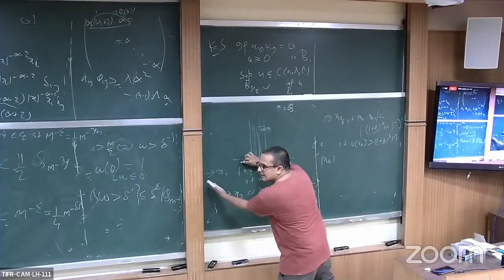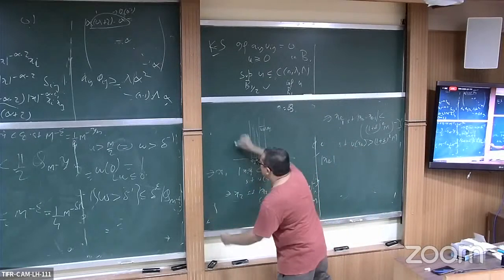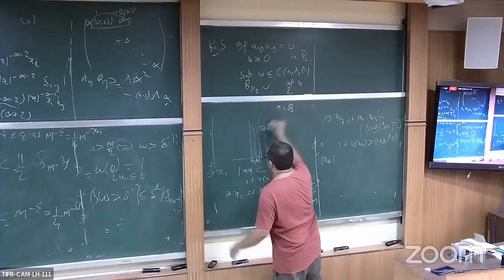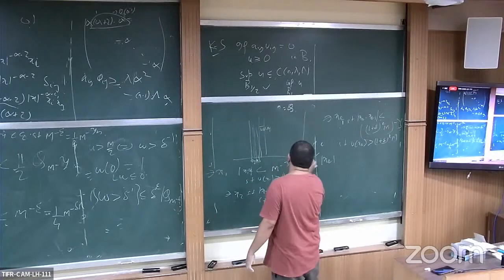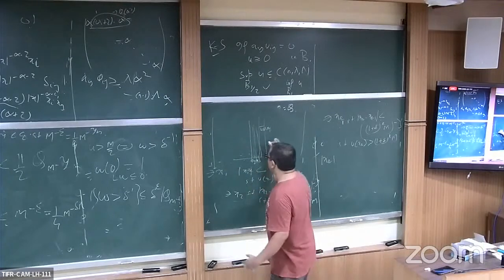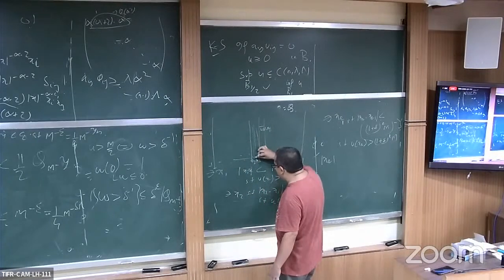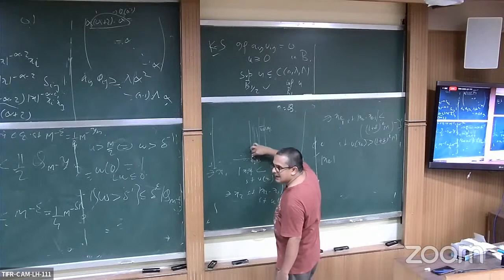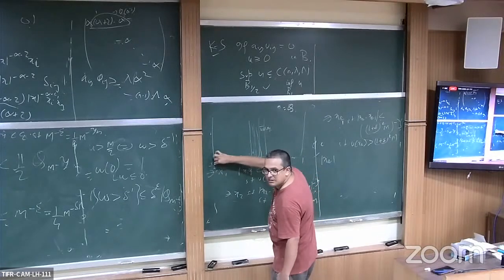Now I want to calculate the norm of xk. How far can this xk go as k goes to infinity? So this is my minus 1 and this is my plus 1. These are the way the points are going. I want to say how much it can slide. What is the worst case scenario? The best case scenario is that these points are oscillating here and here. The worst case scenario is that these points can slide too much to the right.